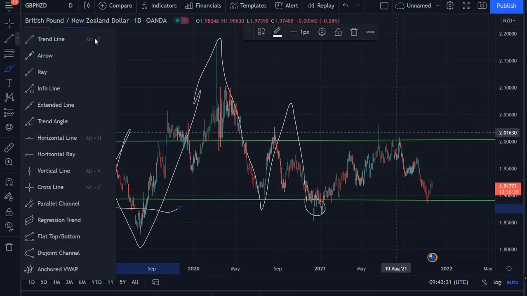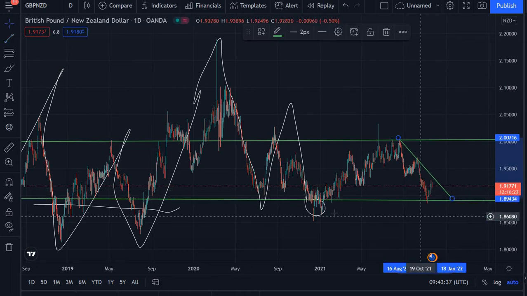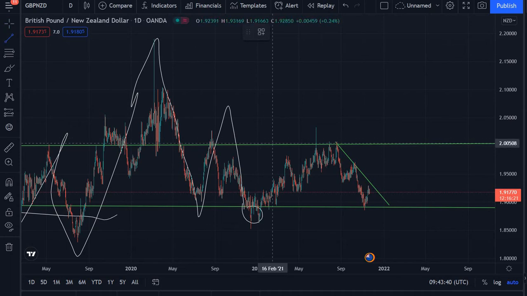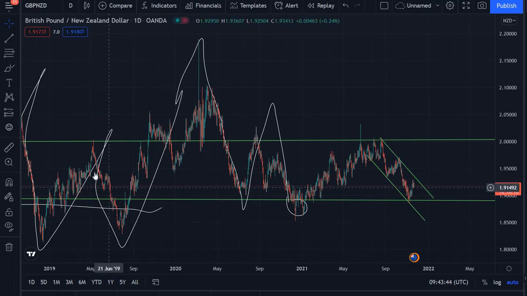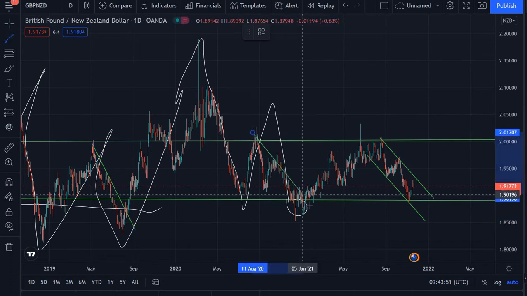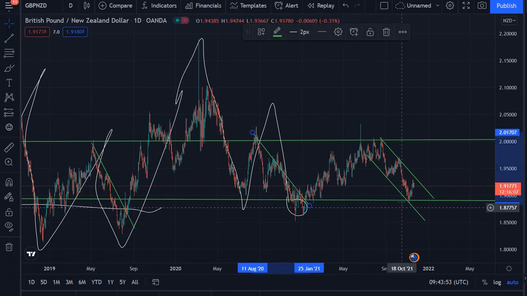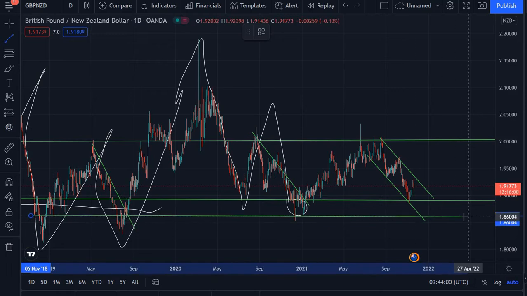So here is a trend line, or a channel that could be forming to go even lower, as we have seen here a couple of times, where we just went and broke past this support line here and hit this region. So this is my target.